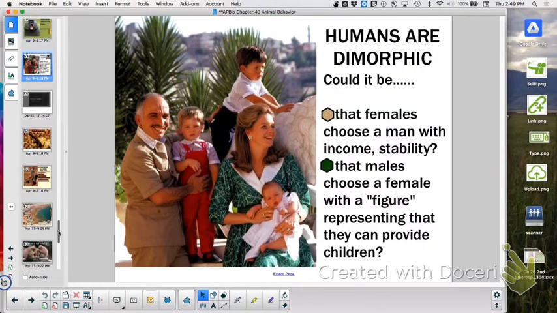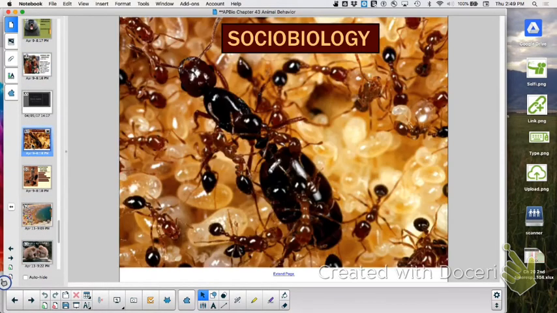And then last but not least, we talked about the process of living together. If you're going to live together socially, there must be that the benefits outweigh the cost. So if we look in this situation, there's only one female reproducing here, and that is the queen. So everybody else is abdicating their rights to reproduce, which goes against the idea of natural selection, because natural selection would say the best fit, and we say if you're fit, you are what?